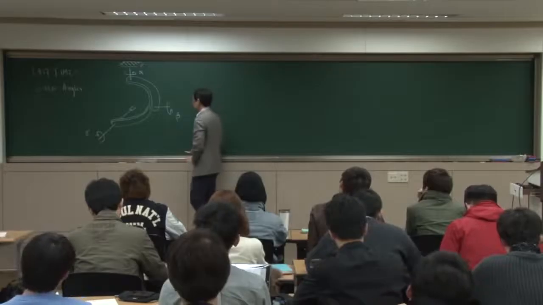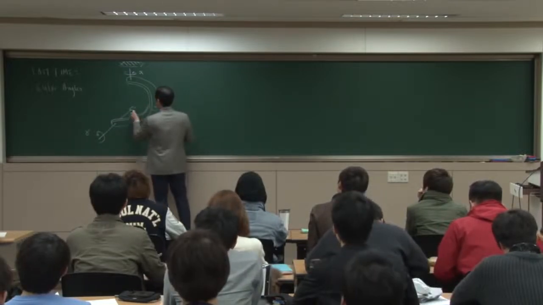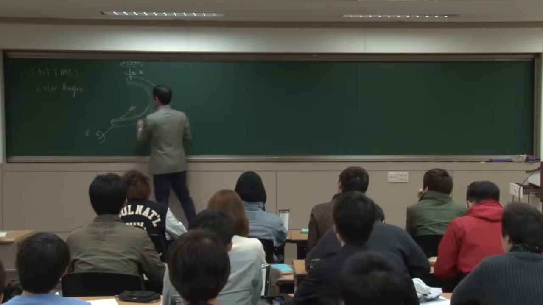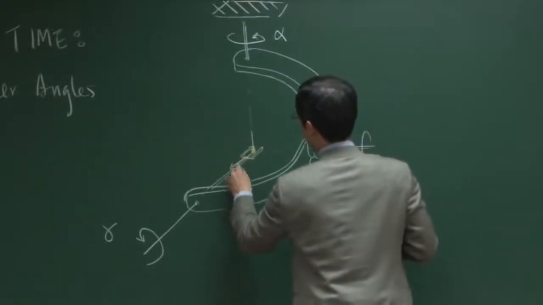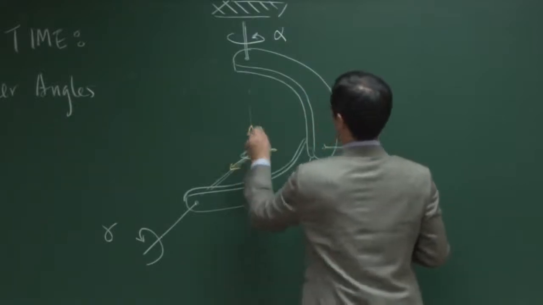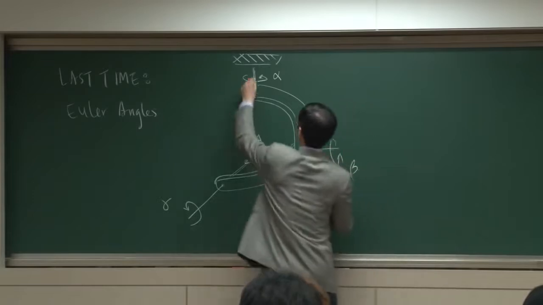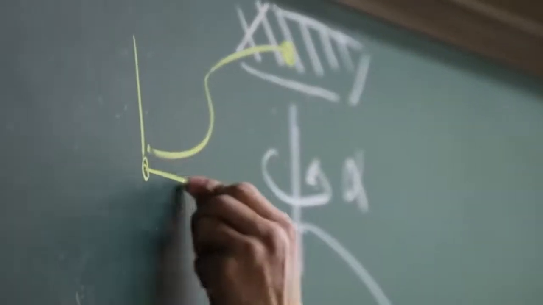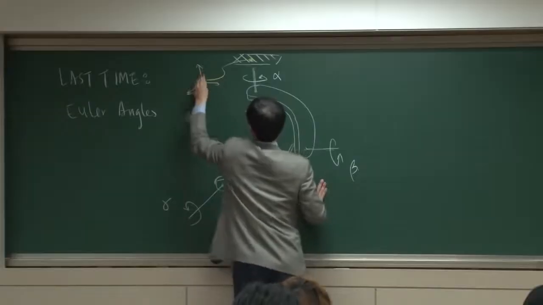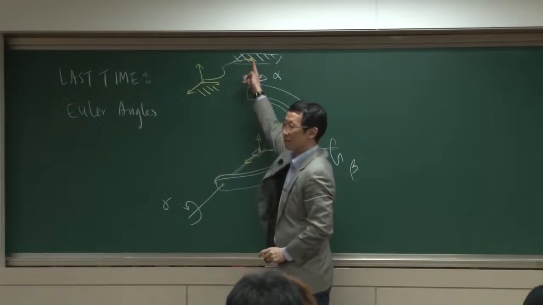Let's now suppose that the end effector frame is attached here, and my fixed frame is attached here. Let me draw it over here. The origin of the fixed frame is there.